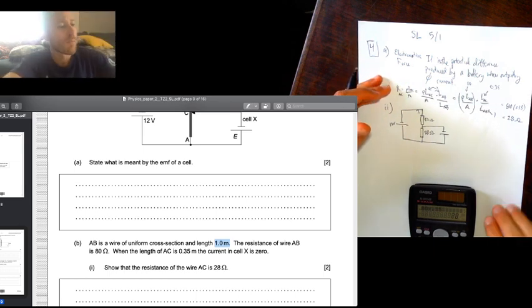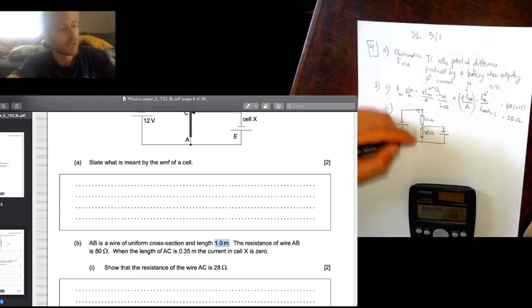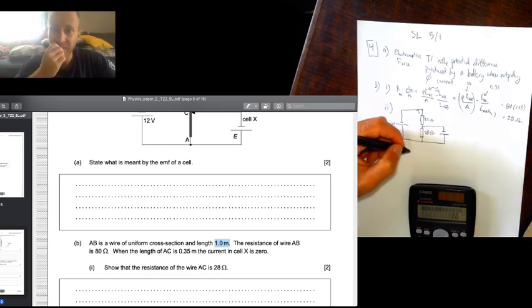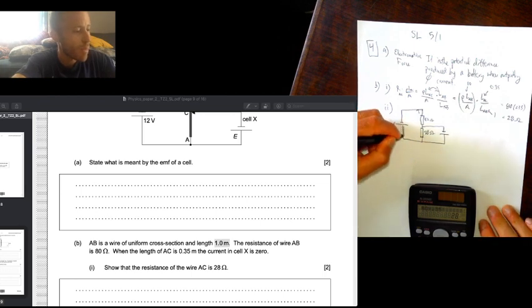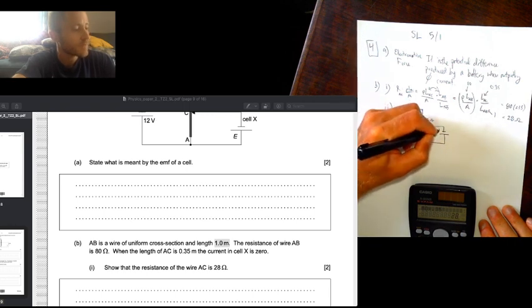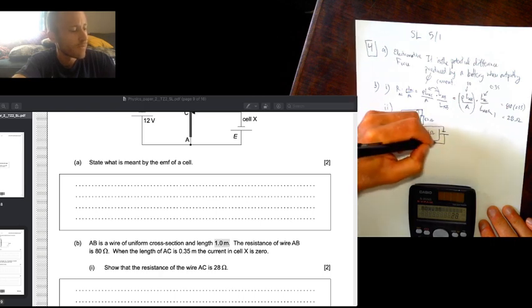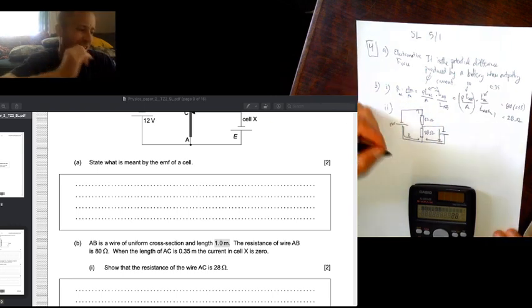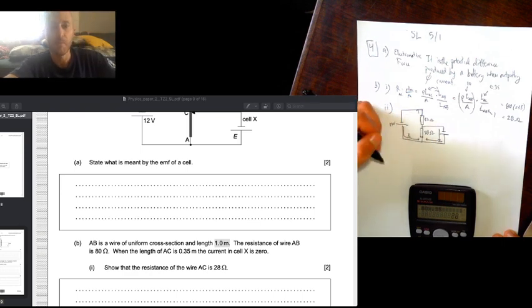We have basically three currents in this circuit. We've got the current flowing out of this battery, and the current flowing out of this battery. I'll call that I1, and I'll call that I2. Both of those combine to go through the 28 ohm resistor.